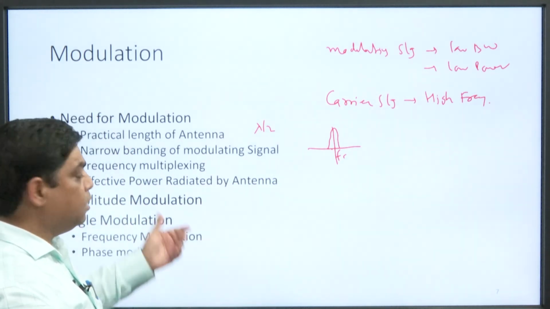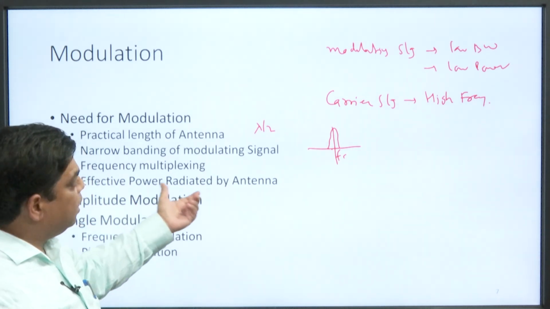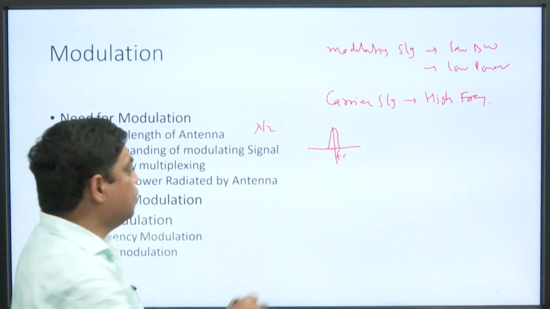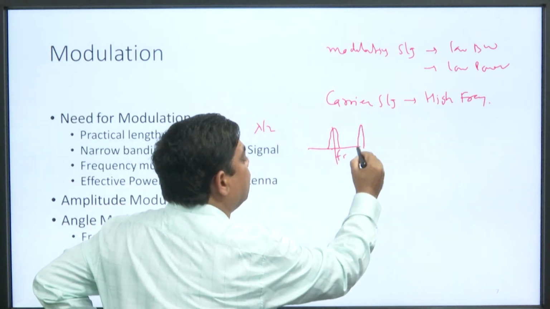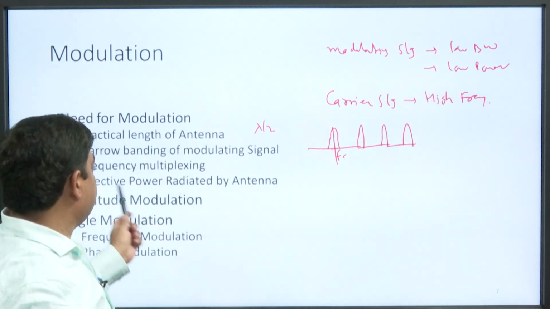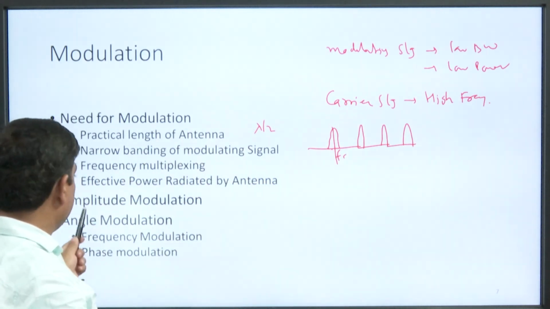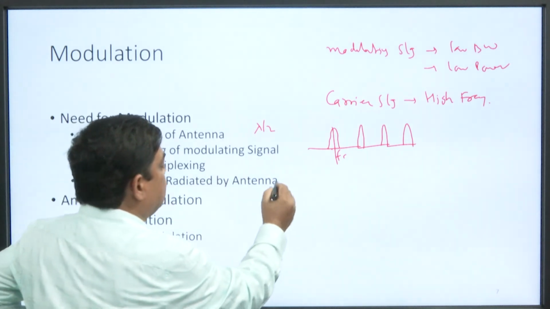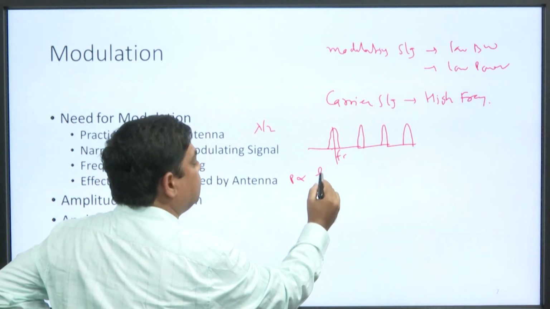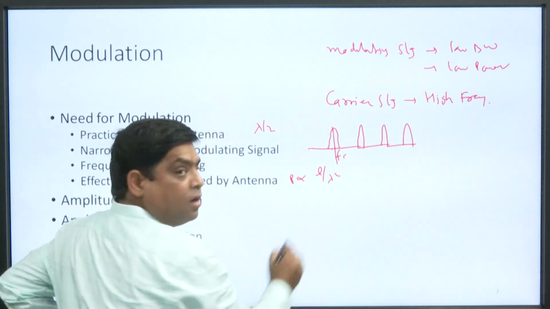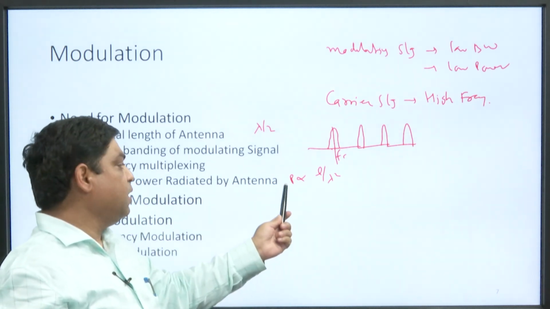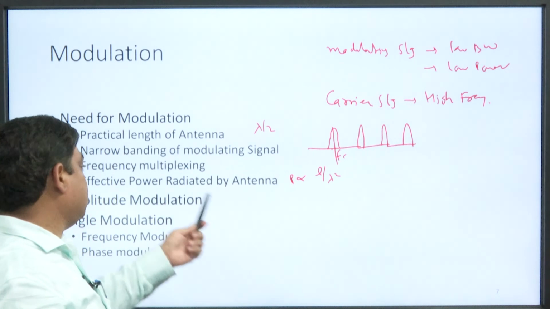Frequency multiplexing is also a need, because if different carriers are used at different frequencies, fc1, fc2, and so on, multiple signals can be transmitted through multiplexing. And effective power radiated is proportional to (l by lambda) squared, so with lambda as small as possible, more power will be radiated through the antenna.